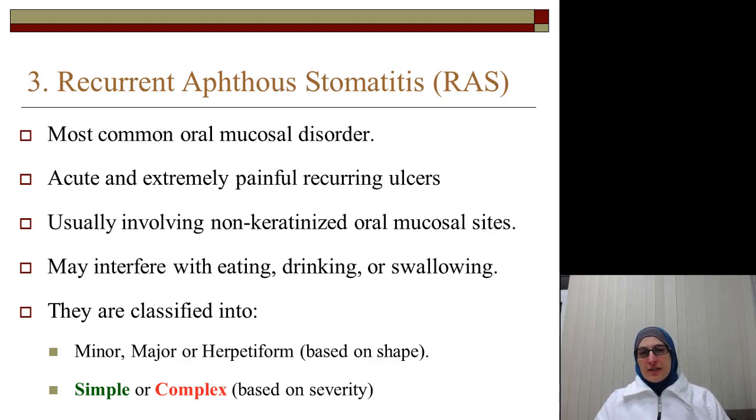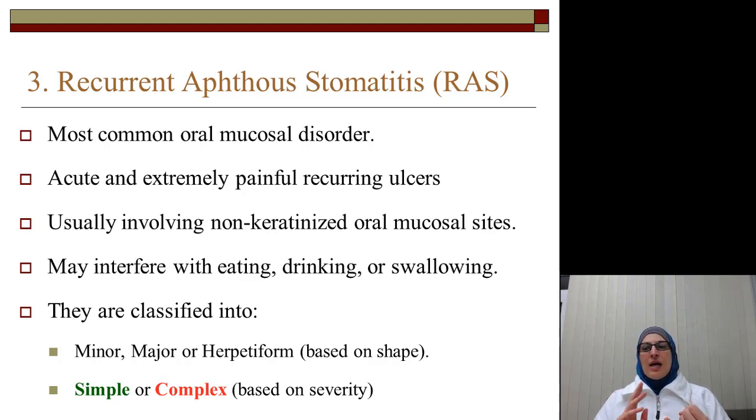Based on the severity of the ulcer, they classified the disease into simple aphthosis or complex aphthosis. In simple aphthosis, usually the ulcers are a mild form, last for a few days and recur very infrequently, while in complex aphthosis, it's really a big problem for the patient.